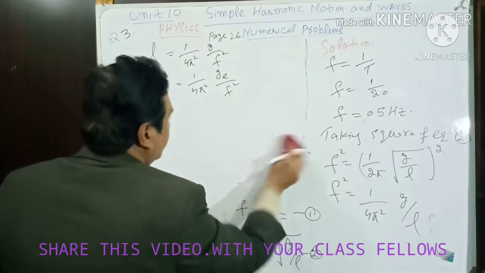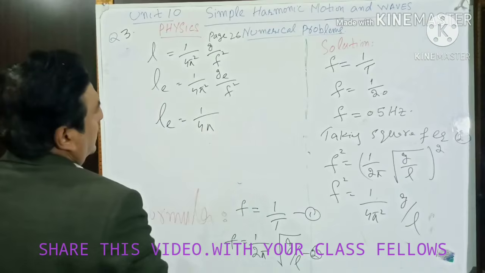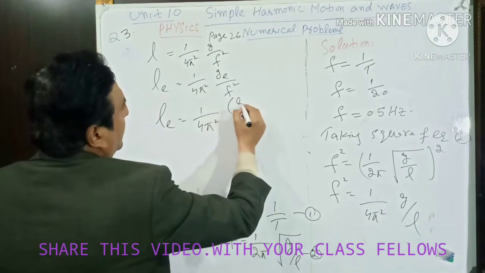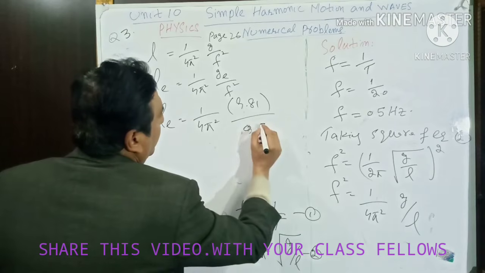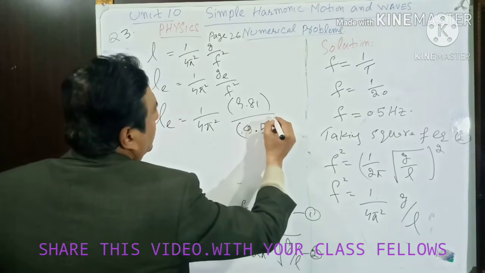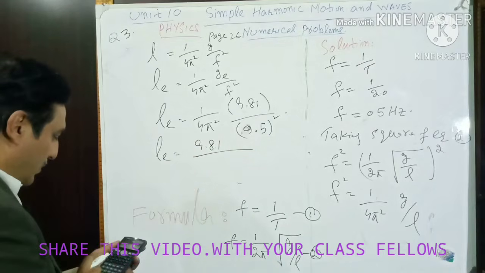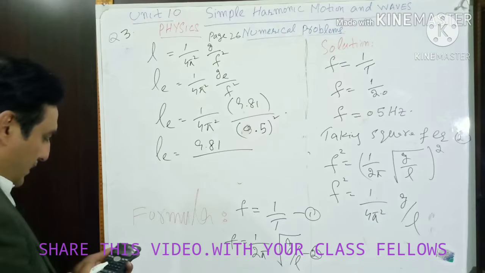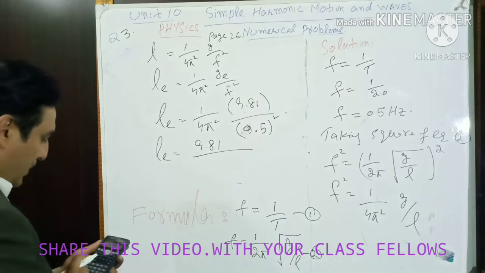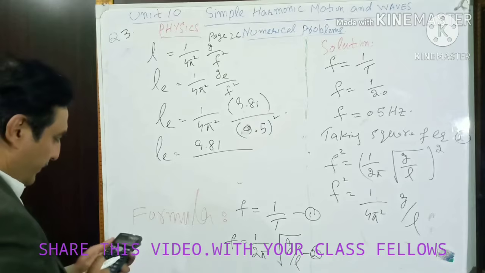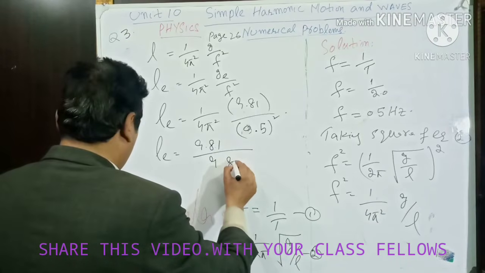Now we will put the values. 1 by 4 pi square, the value of g on earth is 9.81 and frequency is 0.5 square. 9.81 divided by 4 pi square multiply 0.5 square. 4 pi square times 0.5 square is equal to 9.87.